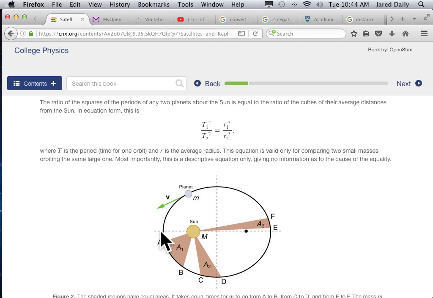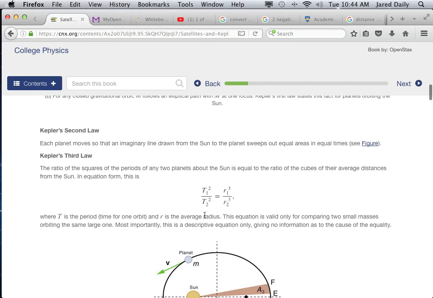So when the planet gets closer, it moves faster to get across this arc length than it would when it's further. He observed that when objects are further away from the thing that they're orbiting, they move slower, and when they're closer, they move faster. This is actually a geometry problem more than anything, and that's what he was doing, geometry.